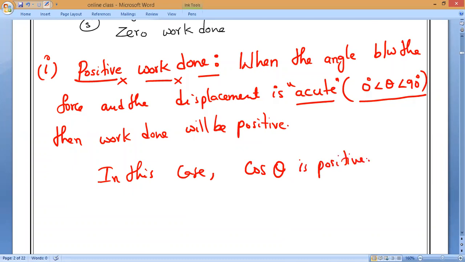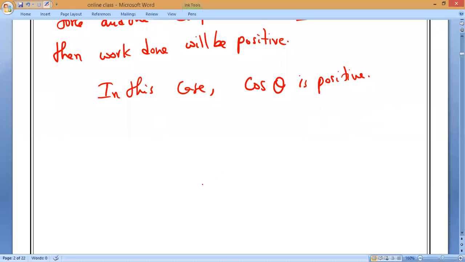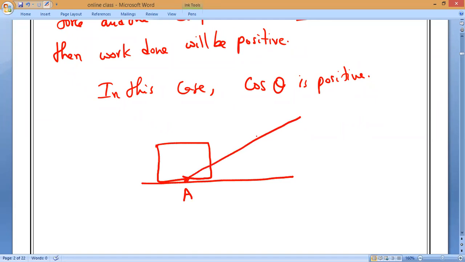Now tell me, less than 90. Take for example, this is the surface and I place the object here, at point A. From the center we will consider. I am applying the force like this. This is the direction of force.